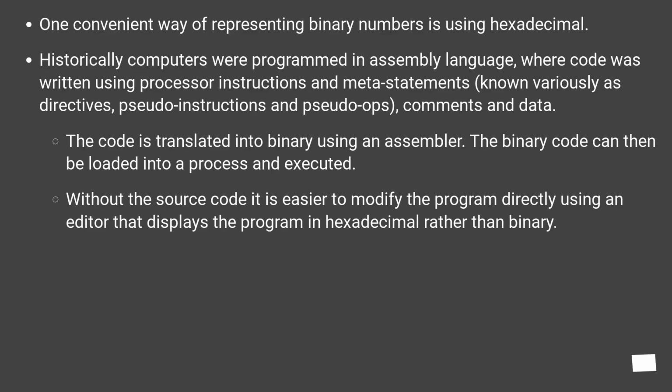Historically, computers were programmed in assembly language, where code was written using processor instructions and meta-statements, known variously as directives, pseudo-instructions and pseudo-ops, comments and data. The code is translated into binary using an assembler. The binary code can then be loaded into a process and executed. Without the source code, it is easier to modify the program directly using an editor that displays the program in hexadecimal rather than binary.